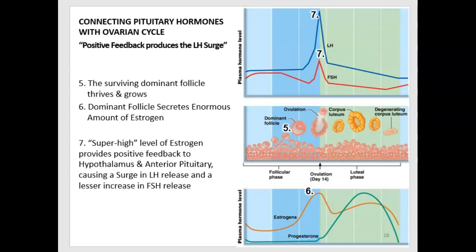So this super high level of estrogen provides positive feedback to the hypothalamus and the pituitary. Positive feedback.